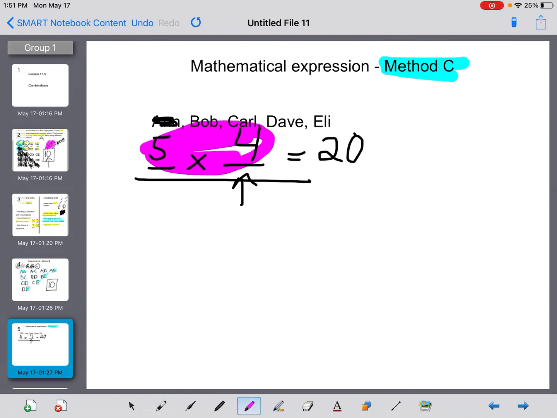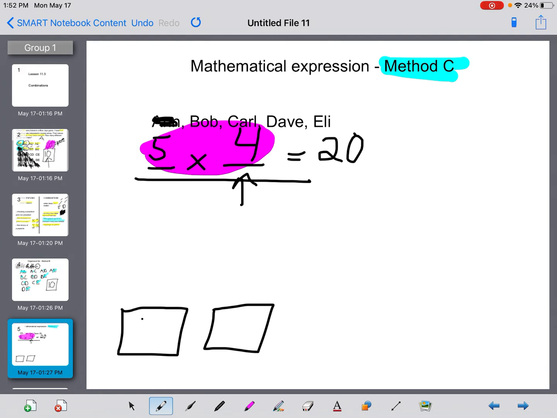So my first one is I just do my usual, how many spots do I have? How many choices? I have 5 times 4. But I'm actually going to divide by the amount of ways I can group those 2 people. And that is actually using a factorial. Look, I can divide by 2 times 1, which is 2 factorial.